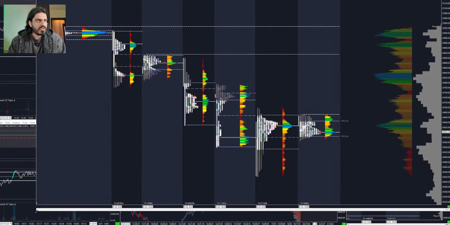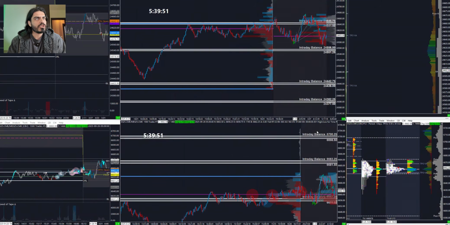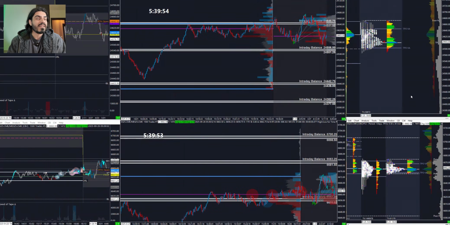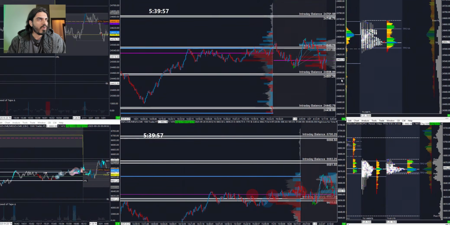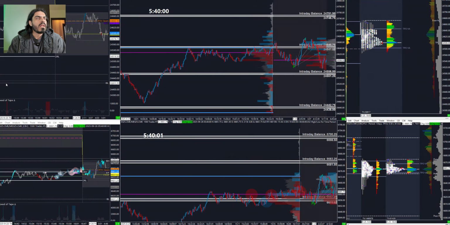Now, the thing is, a confirmation tool is going to be delta, the delta profile. So how do we make sense of the delta profile and how do we make sense of what's going on? The delta profile here, what I'm going to be using is the clusters. So clusters of areas of heavy delta, negative or positive, are going to be a tool for order flow, right, to give me an area of key support or key resistance.